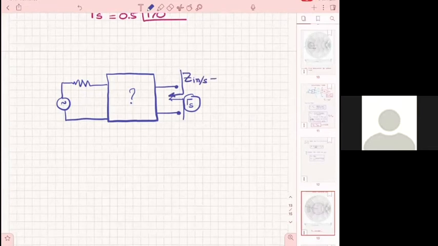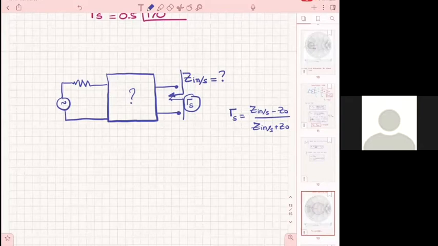If I can design a matching network with this input impedance, then practically I have my gamma S. Do you agree? Where now gamma S will be Z input S minus Z naught over Z input S plus Z naught. Do you agree? So practically, if I design a matching network with this input impedance, then I'm done.